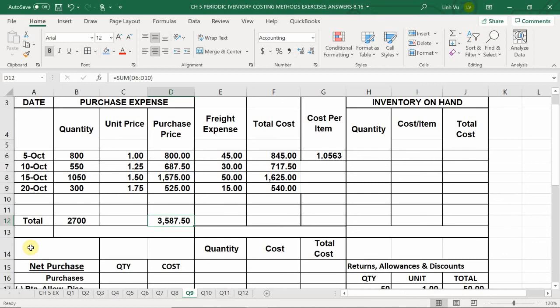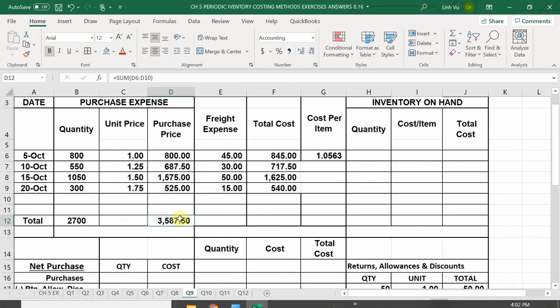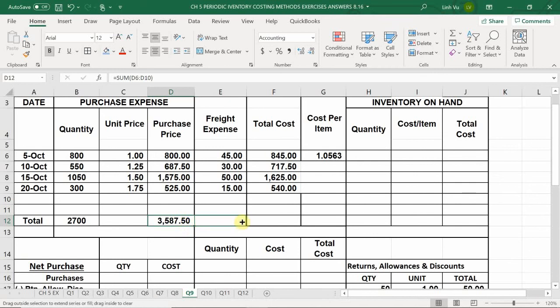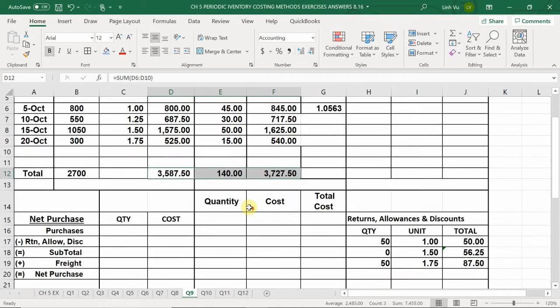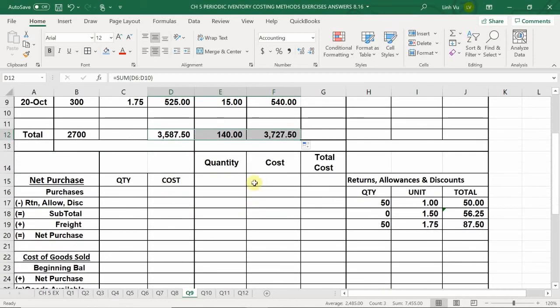What was the total freight? 140, bringing me a total cost of $3,727.50.